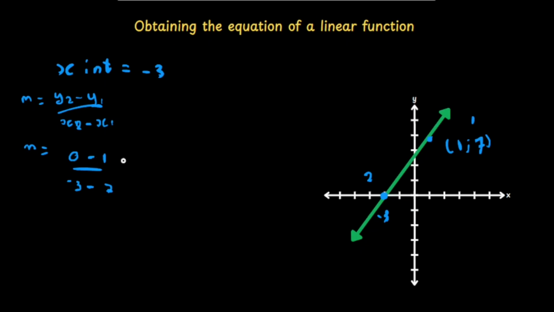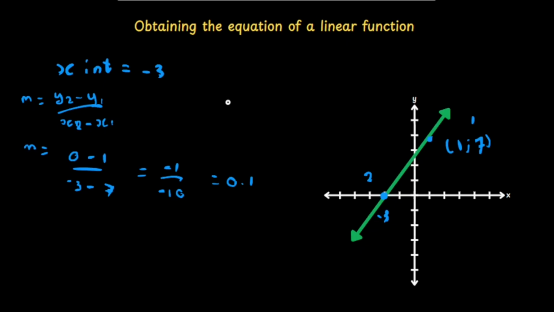Now simplifying this, I'm going to get -1 over -10. Let me show that to you guys. So that will be -1, 0 minus 1 is -1, and -3 minus 7 is -10. And the two negative signs will cancel out, and I will get 1 over 10, which is in fact 0.1. So I have a gradient of 0.1 in this case.